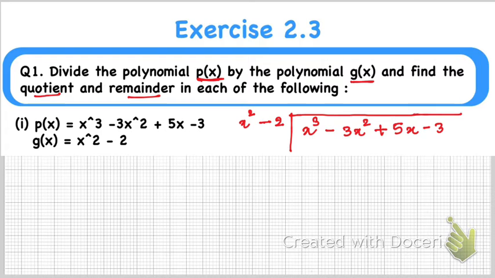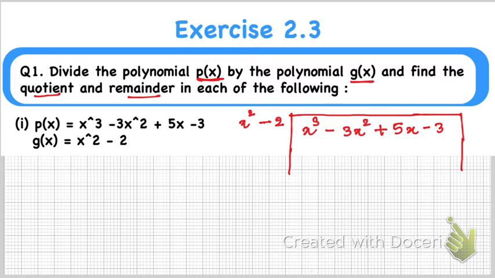We have to divide both the polynomials. So how do we divide the polynomials? This is a very important thing. Before moving forward to the division part, you have to arrange both polynomials g(x) and p(x) in the descending order of their exponents.